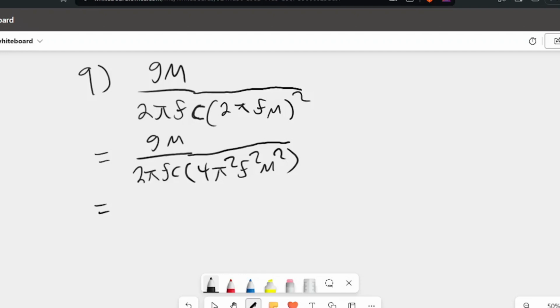So take our scalar factor, g m, we're going to leave alone. So that would be 8. This would be pi 1, pi 2, so that would be 3. Same with f. Same with m. M doesn't go anywhere, 2. And then we have our c by itself as well.